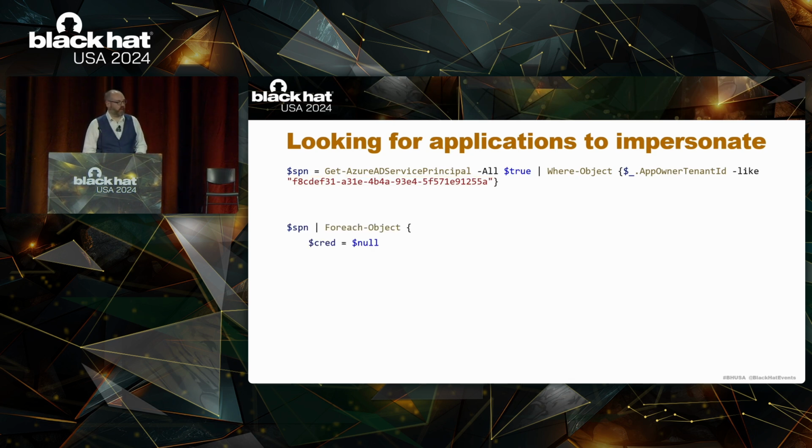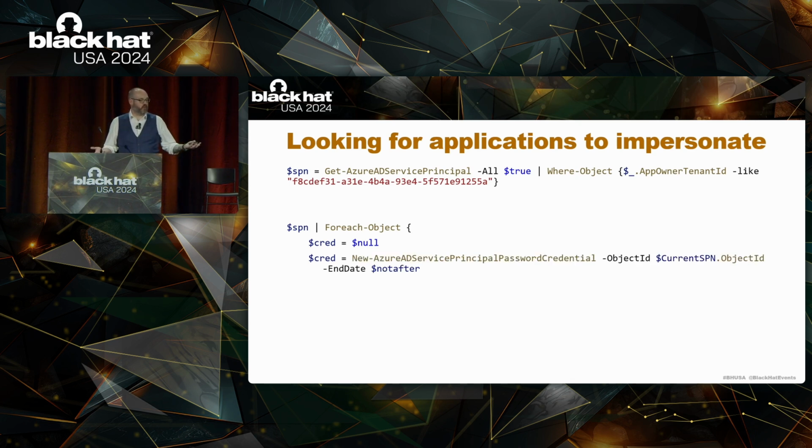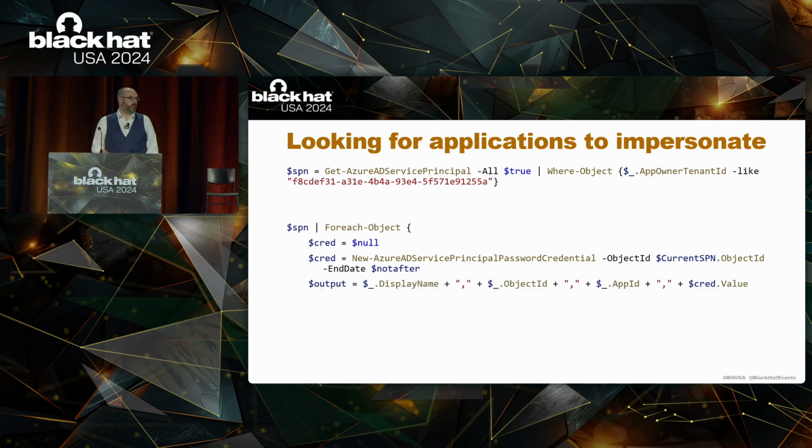When I get all these, I'm dumping them through a foreach, adding a credential to each service principal, and dumping it out to a CSV so that I could use it later. The focus here is on secrets, effectively passwords, but I also ran through all this with certificates as well, because there are some cases where you'd see different behavior.